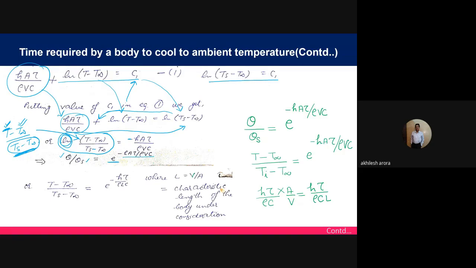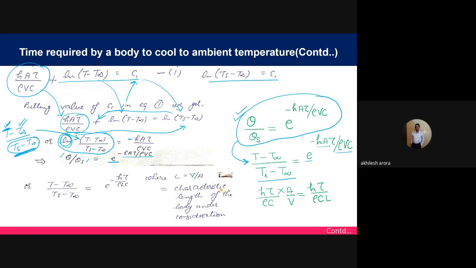So that is the final equation. This is what I have written here. Theta over theta s is equal to e raised to power minus hA tau over rho VC, or it can also be written as (T minus T infinity) over (Ti minus T infinity) equal to e raised to power minus hA tau over rho VC.